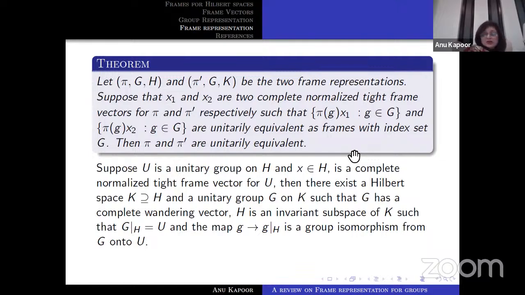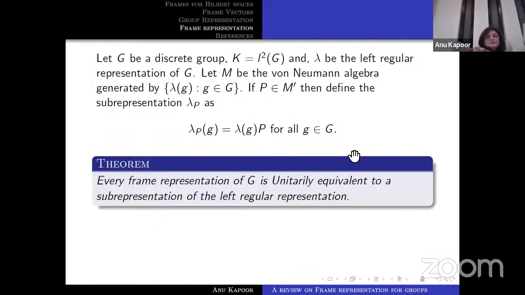Now, this can be used here to prove that every frame representation of G is unitarily equivalent to a sub-representation of the left regular representation. Here, what we do, as in the previous proof also, we always define K to be l2(G), where G is given to be a discrete group.